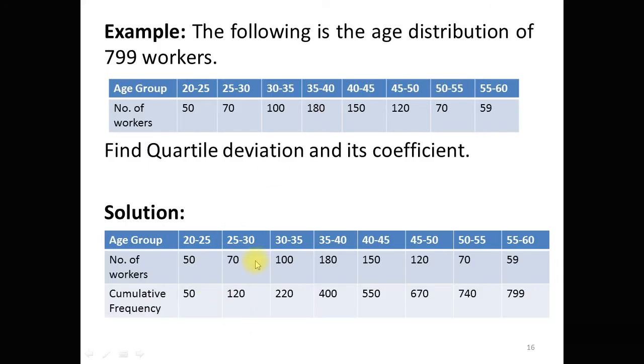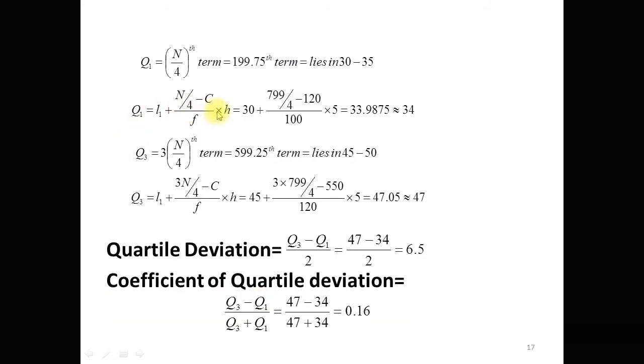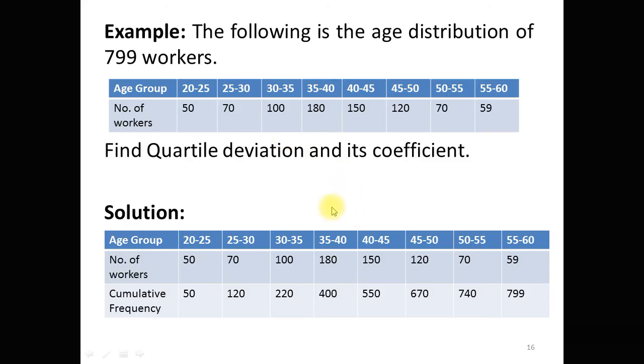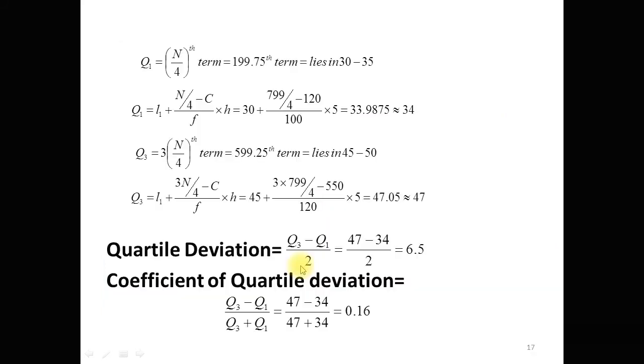For this class the cumulative frequency is 220, and the one step previous cumulative frequency is 120. Now 30 plus 799 divided by 4 minus 120, over the frequency of this class, which is 100, and the step size of this class, 30 to 35, is 5. After simplification we obtain the first quartile equal to 33.9875, which is approximately equal to 34.